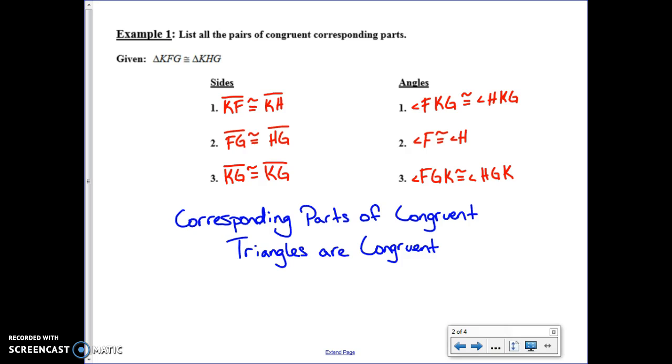So I'm going to take all of the letters that are capitalized and just use those letters. So corresponding parts of congruent triangles are congruent. Somehow come up with a method to help yourself remember CPCTC. So that's our shorthand way of writing corresponding parts of congruent triangles are congruent.